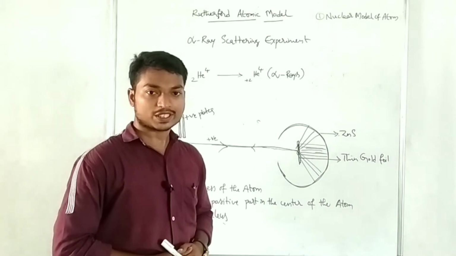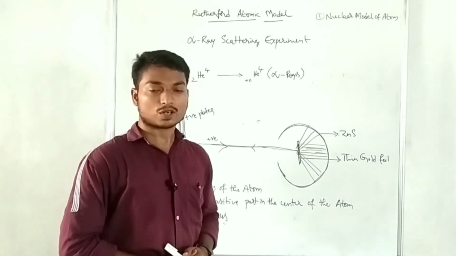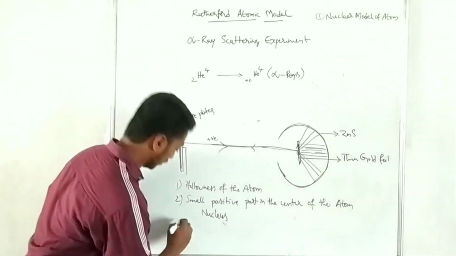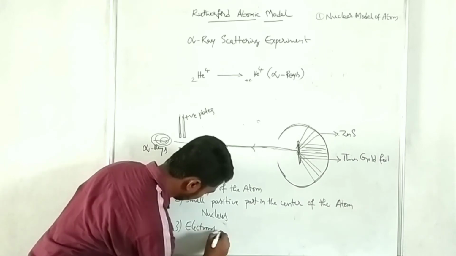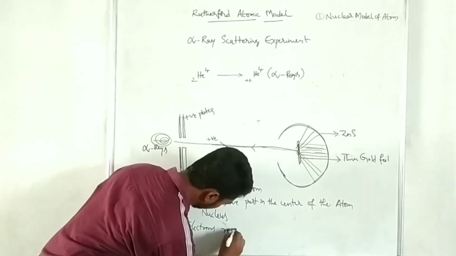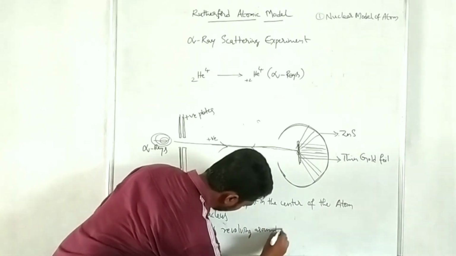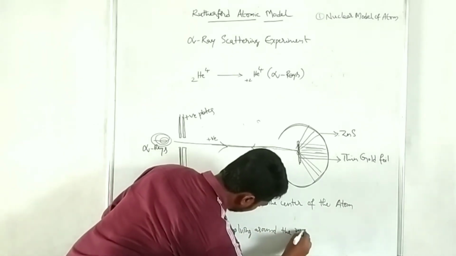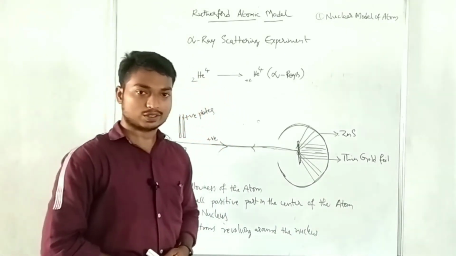And he gave information about electrons also. These electrons are revolving around the nucleus. This information is also given by Rutherford.